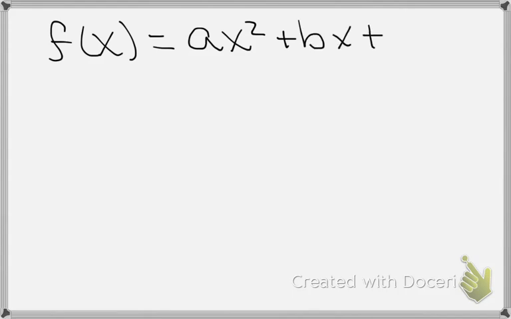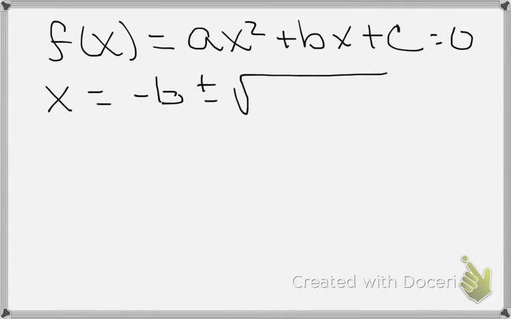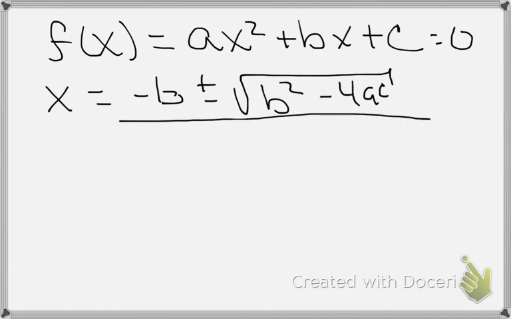So here's our function again in general. And so the quadratic formula says that the solution, x, when we set this equal to 0, of course, is equal to minus b plus or minus the square root of b squared minus 4ac, all of that divided by 2a.